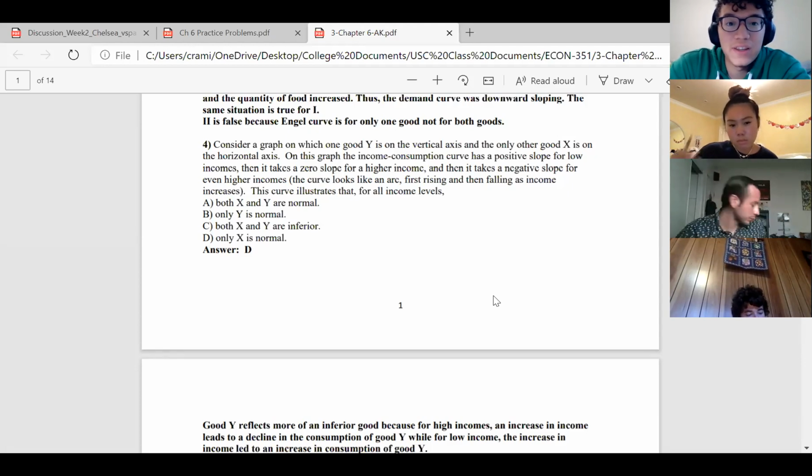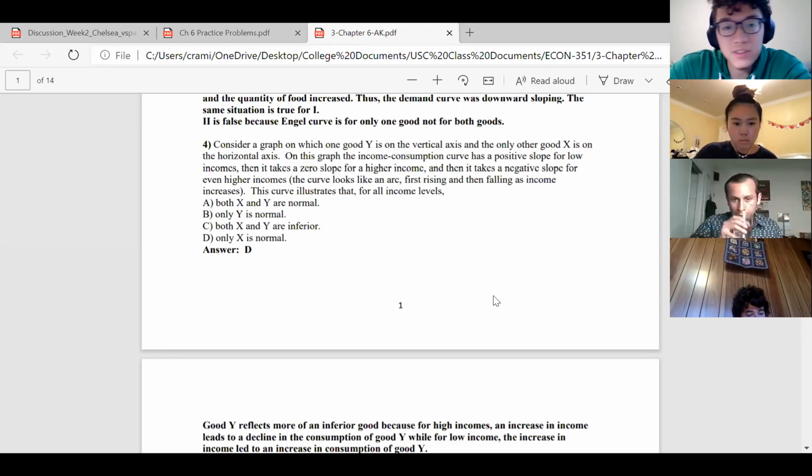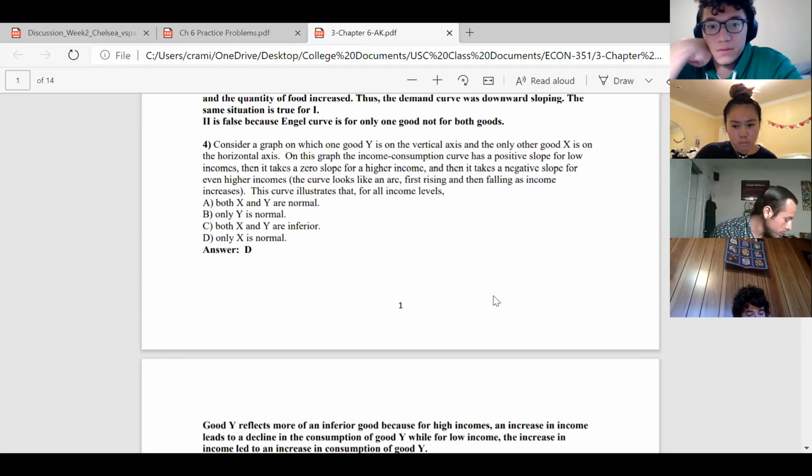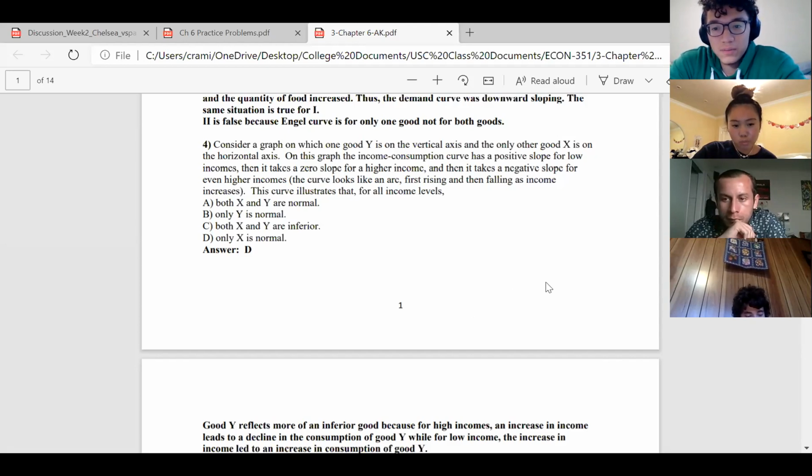So it's an arc, and this curve illustrates that for all income levels. For me, my rationale was the only good that's increasing throughout all of that is x, since it just keeps going on the x-axis. I thought, okay, so for any income, x is going to be normal. I don't know.